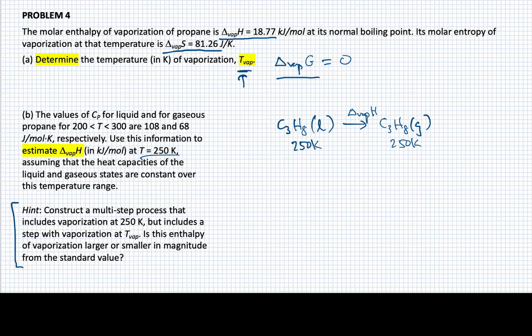I will remind you, enthalpy is a state function. So however we can go from this condition to this condition, we should get the same value for the delta vaporization of enthalpy. We know the vaporization of enthalpy when we're going along this path, when both of these things are at the vaporization temperature.